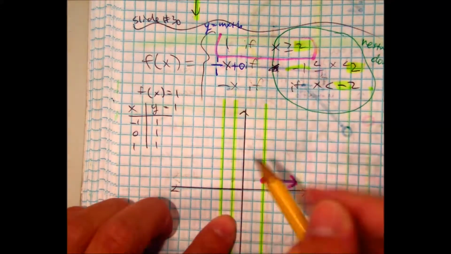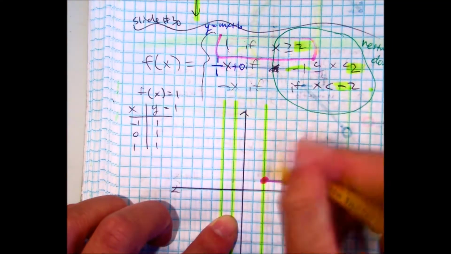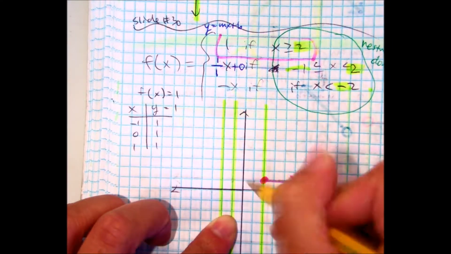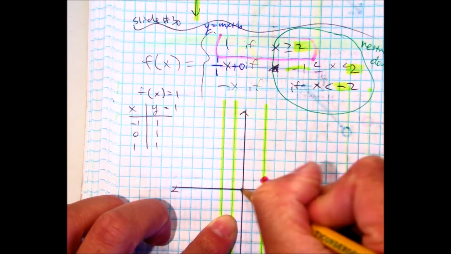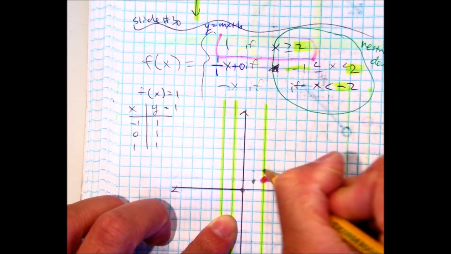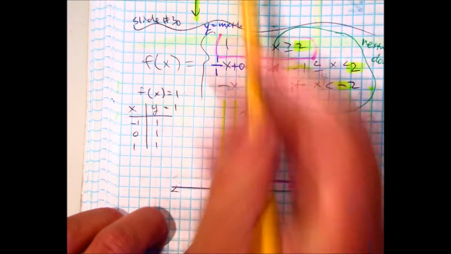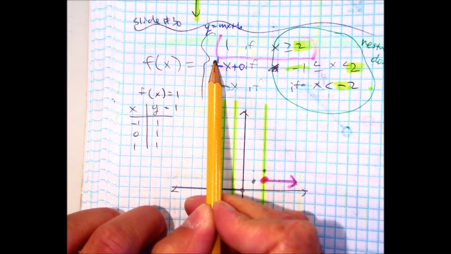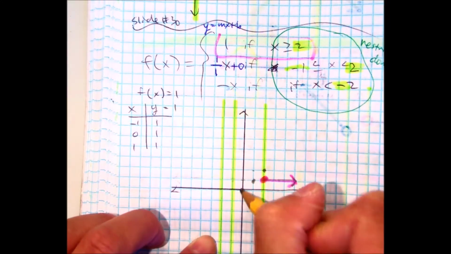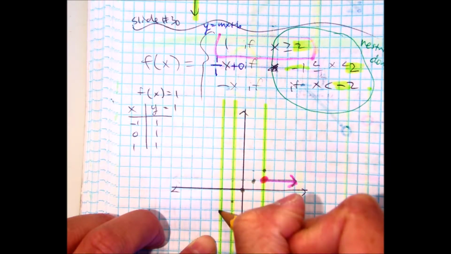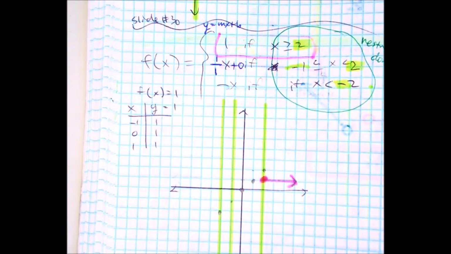So I'm going to start at 0, and I'm going to go rise of 1, run of 1. Up 1, right 1. Up 1, right 1. Now you can also do the same as true, -1 over -1, right? Down 1, left 1. Down 1, left 1. Go ahead and graph it.